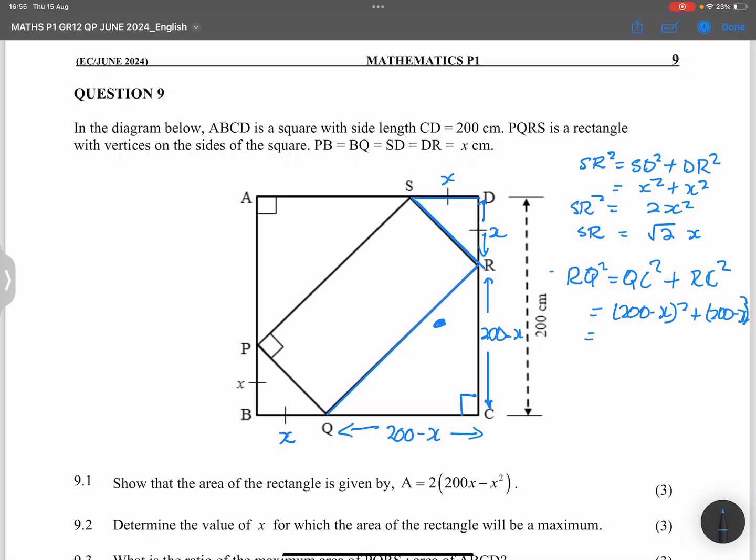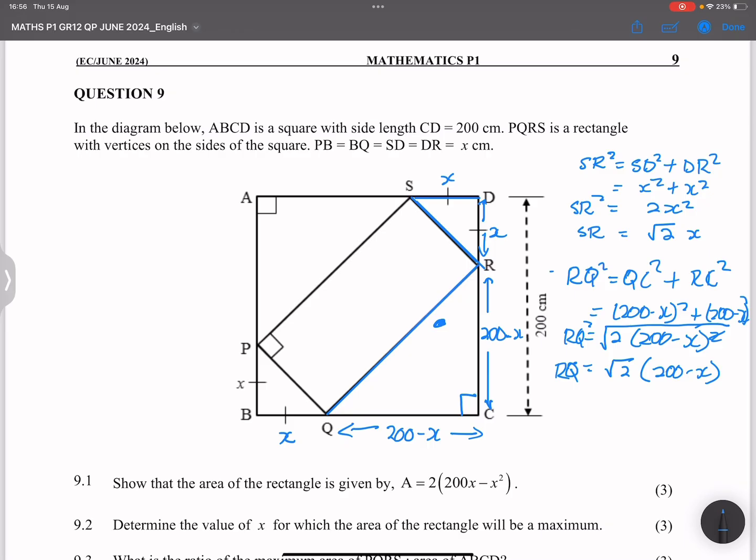And so this is 2 times 200 minus x all squared, right? That's RQ squared. Now, of course, if you want to find RQ, that will be the square root of that entire thing, right? And again, what happens? You've got square root of 2 into 200 minus x, because the square root cancels out with the square. So that's the value of RQ.